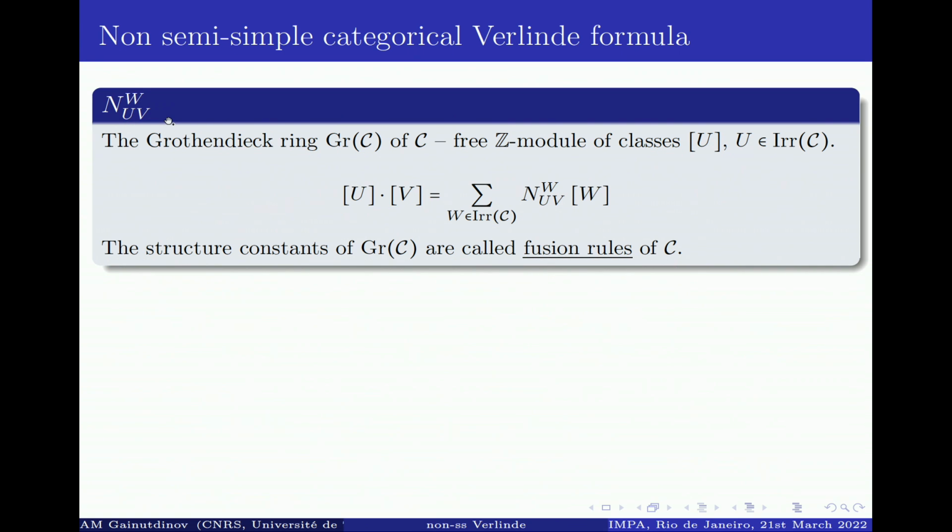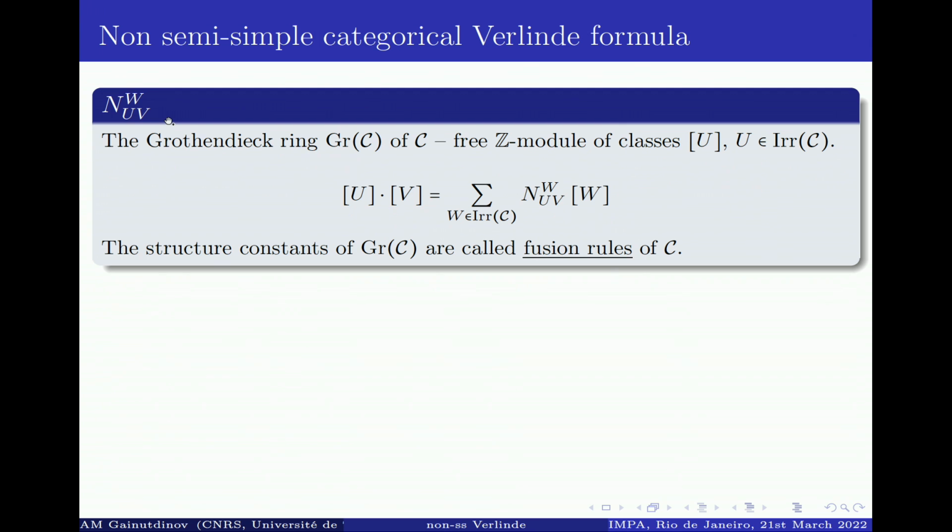As I said, the tensor product of two simples will decompose into simples, plus some indecomposable reducibles. And instead of calculating multiplicities of direct summands, I will calculate multiplicities modulo relations in the Grothendieck ring. Let me remind you that every object in the category has its Grothendieck class. So what is it?